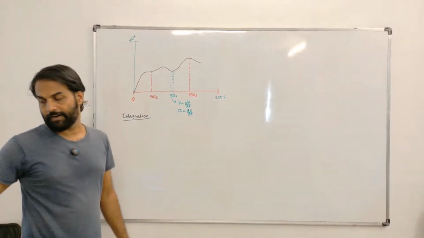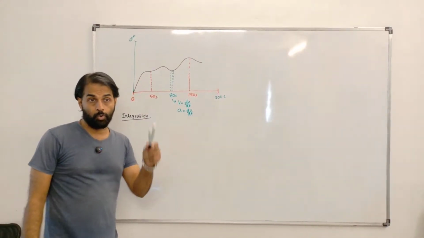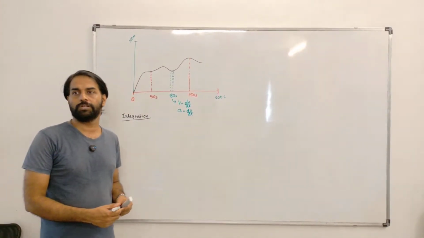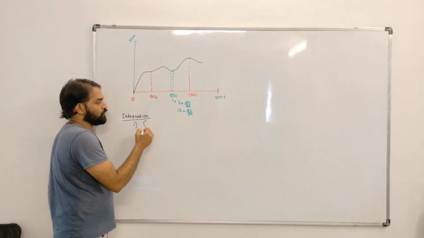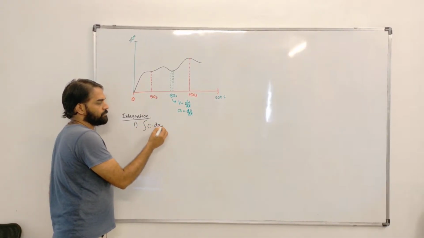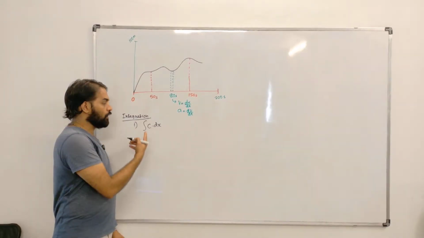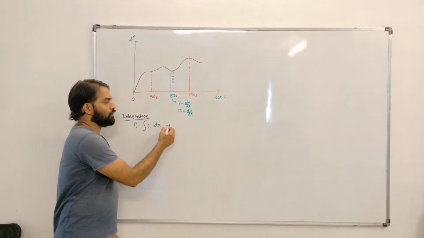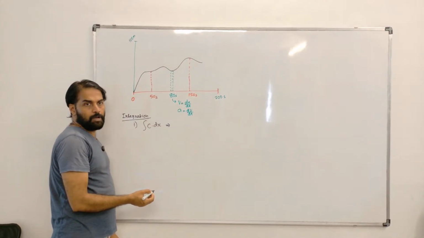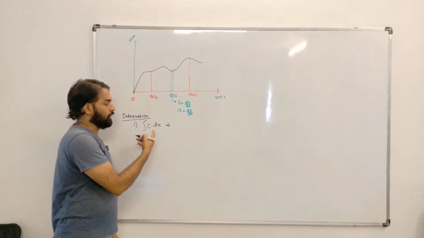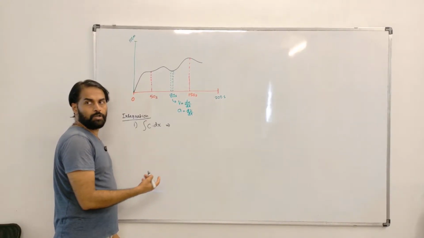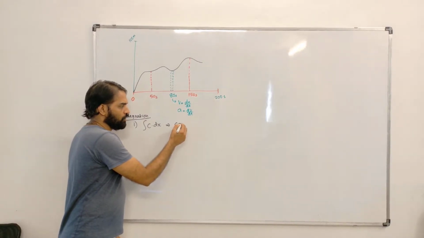Regarding differentiation, there were certain rules; integration also has rules. The first rule is the integral of a constant: integral of c dx is equal to c into x.